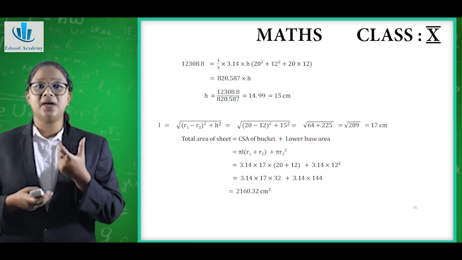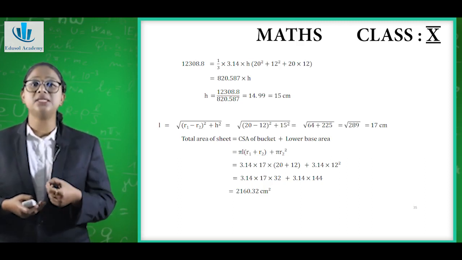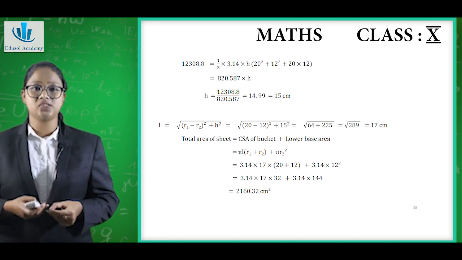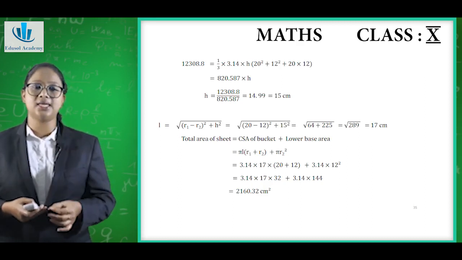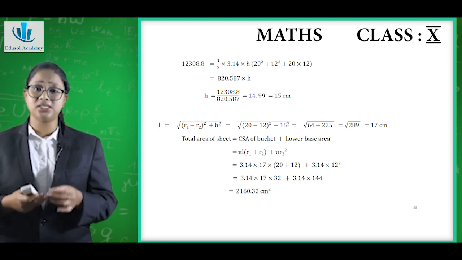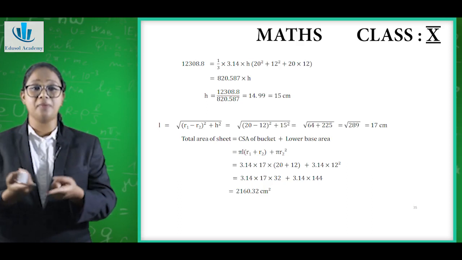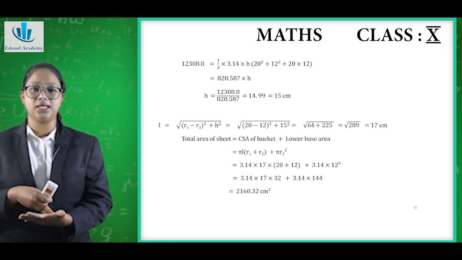So first let's find the slant height. L is equal to root of (R1 minus R2) the whole square plus h square, and we get the value of the slant height L as 17 centimeter. Now the total area of the sheet is equal to the CSA of the bucket plus the lower base area, that is the smaller radius area.